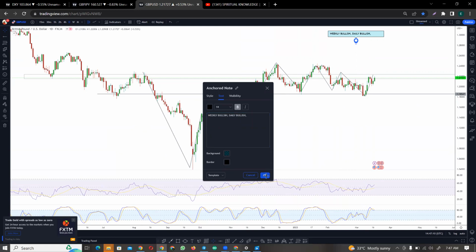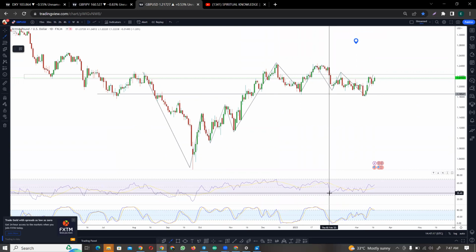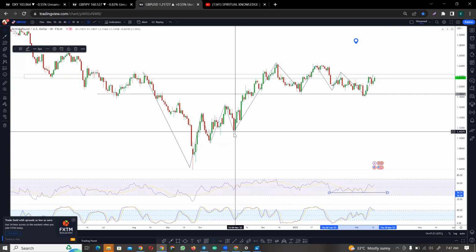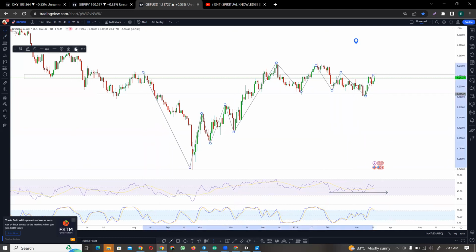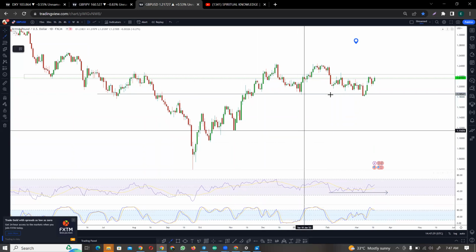Even looking at this place, this looks like a divergence because the market is down and RSI is flat. RSI is flat here. Looking at here, the market is coming down. Do you agree with me?